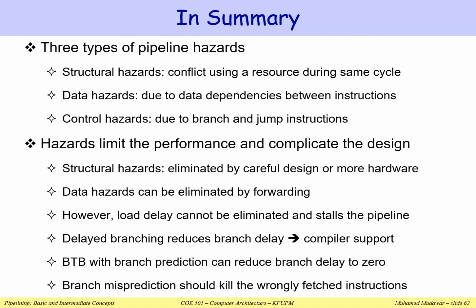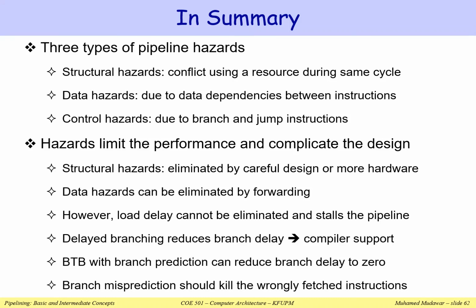We have seen control hazards. We can use delayed branching. This can help to reduce the branch delay, but this requires a new meaning for the branch instruction and support from the compiler. Branch prediction schemes work best if we use a branch target buffer in the first stage of the pipeline.